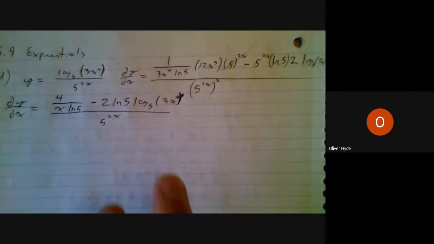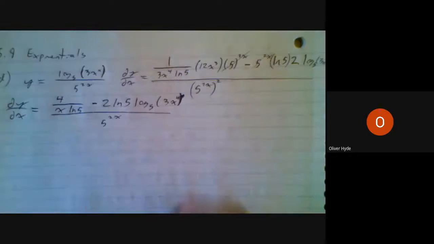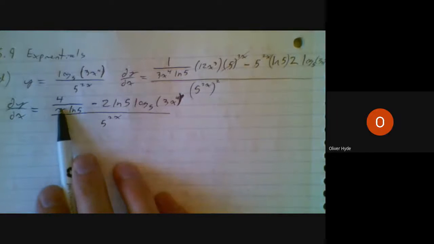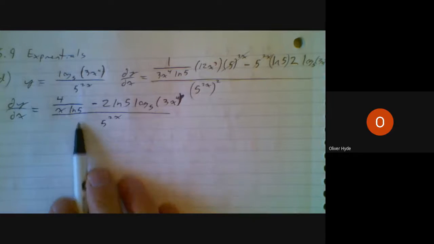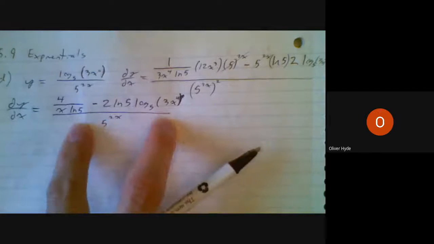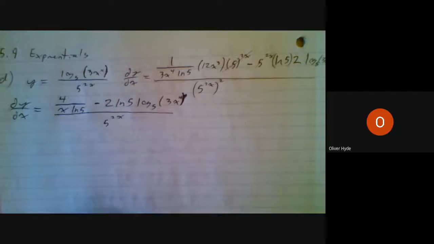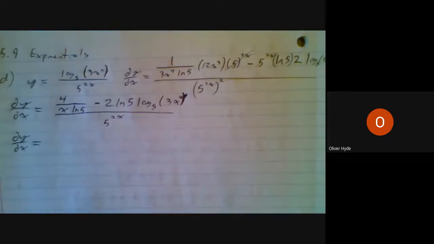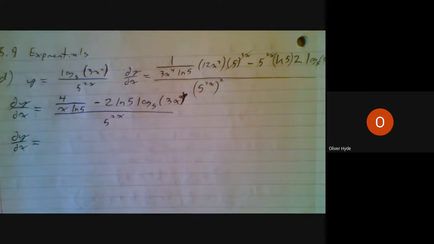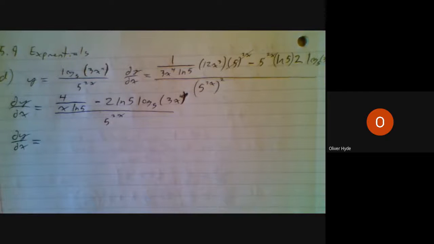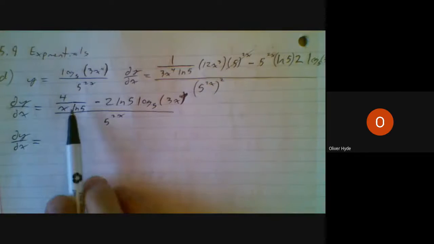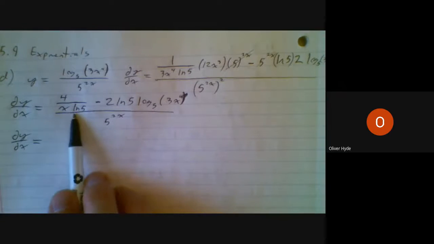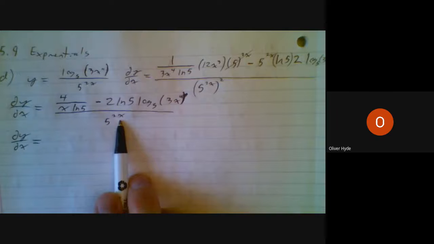So what I ended up doing in the printed lesson here, instead of clearing my denominators, I saw an opportunity to actually simplify by separating this, by using the distributive property first and then finding a common denominator. It took me a while to figure out what I had done there. I'm not sure that's how I would do things these days, but it kind of works out in an interesting way here. So what I'm going to do is 4 divided by x ln 5, divided by 5 to the exponent 2x.